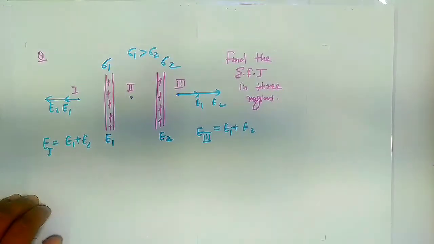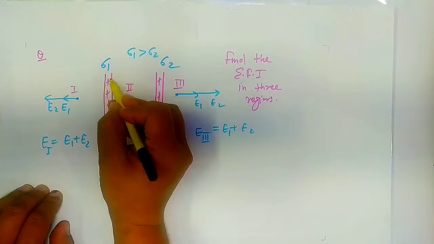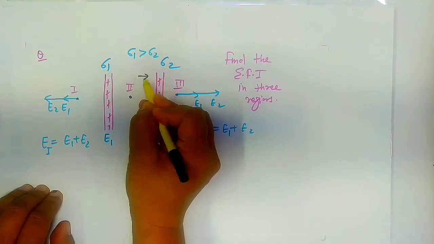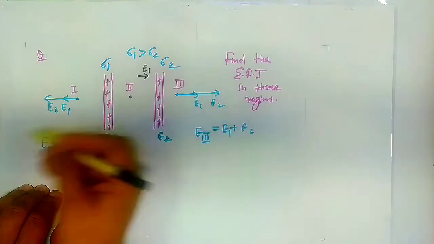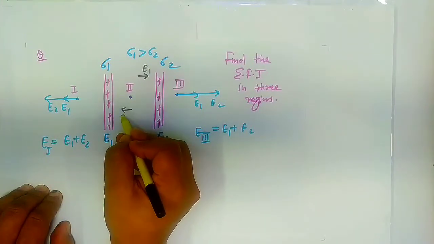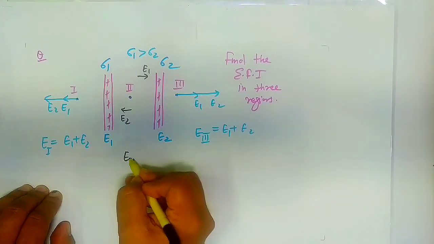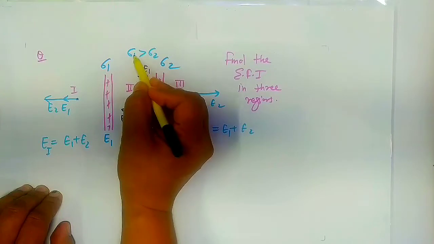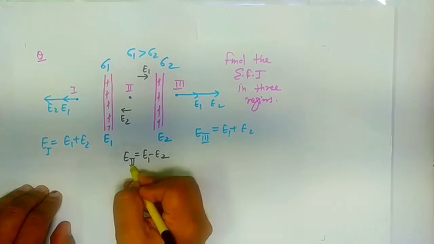But at the center, from this positive charge it will be away, E1, but from the other positive charge it will be in the opposite direction, E2. The second region is important: E1 will be greater since sigma 1 is greater than sigma 2, so it will be E1 minus E2.